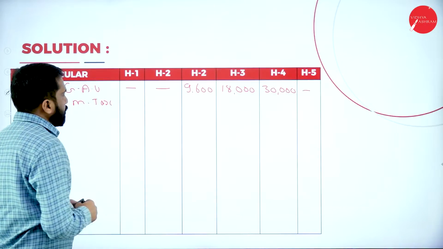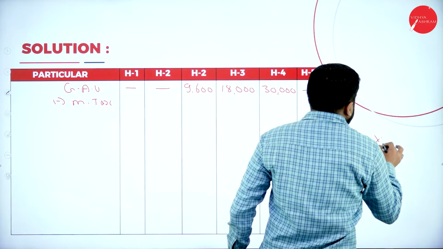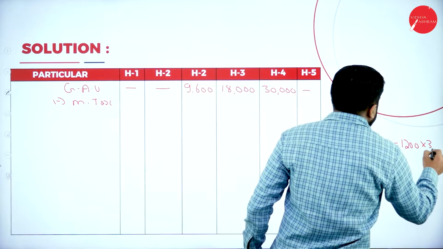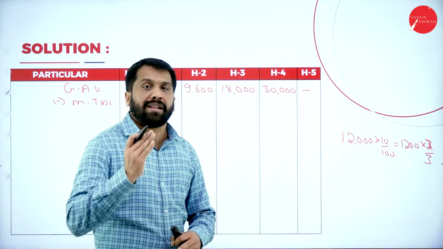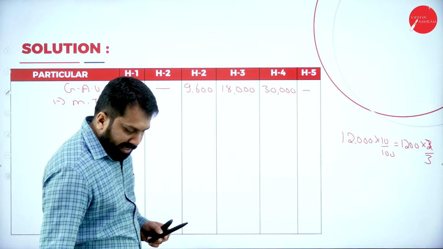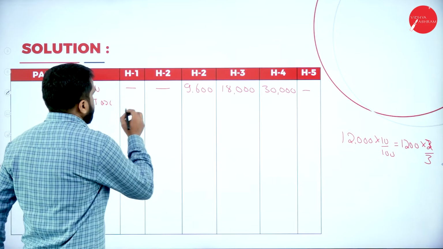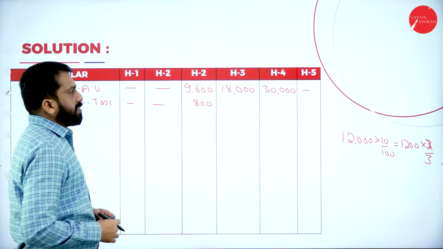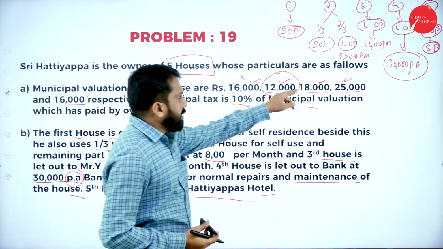So second house I'll calculate here. 12,000 into 10%. How much is it? 1,200 into 2 by 3. Why is it 2 by 3? We are calculating only for let out property. 1,200 into 2 by 3. What is the answer? I got 800. Similarly, for the next house, your municipal tax is 18,000.